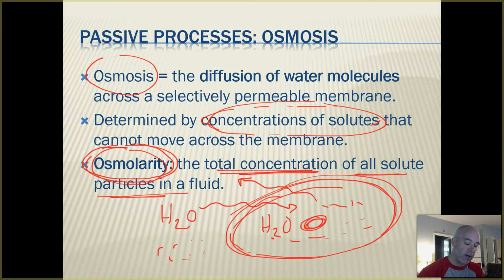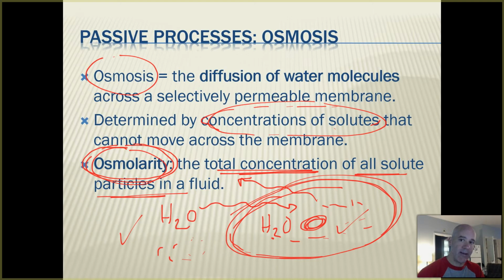Ideally, your osmolarity is the same in your extracellular fluid as in your intracellular fluid. That's the ideal situation. You can have different concentrations of substances inside and out, and I shouldn't say can, you do, in healthy cells have different solutes concentrated on the inside versus what's concentrated on the outside.